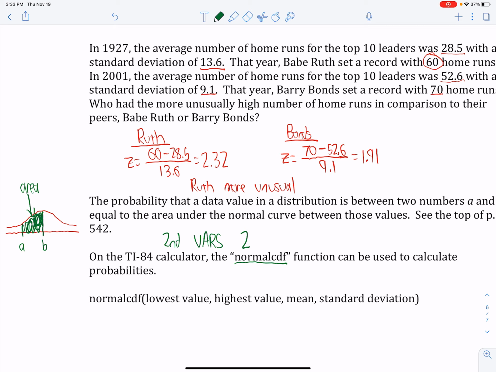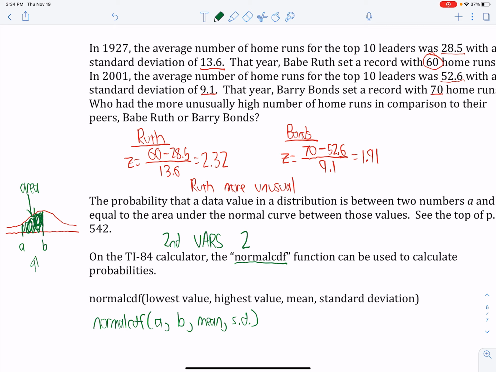And what you do to find the probability of being in between 2 numbers, when you enter that on your calculator, it's going to look like this. Then you would put whatever your lowest value is. So in the case of this example right here, we would put A. Then you put your highest value, which is B, and then you put the mean, and then you put the standard deviation. All of those with commas in between.